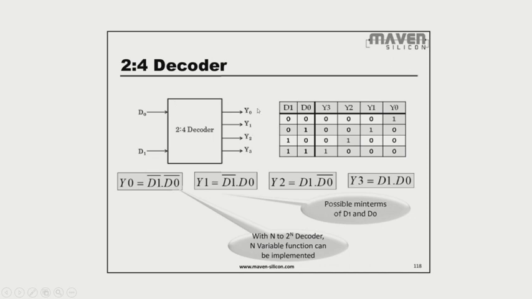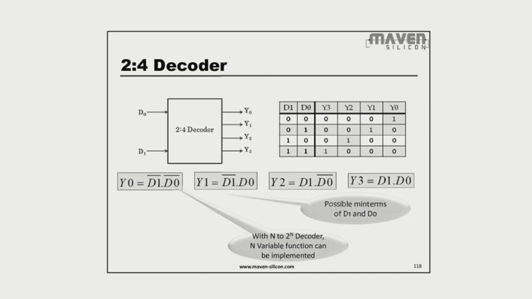So here we have y0 equal to d1 bar d0 bar, y1 equal to d1 bar d0, y2 equal to d1 d0 bar, and y3 equal to d1 d0. These are all minterms for d1 and d0. So with the help of n to 2^n decoders, we can generate all possible minterms for n variables.